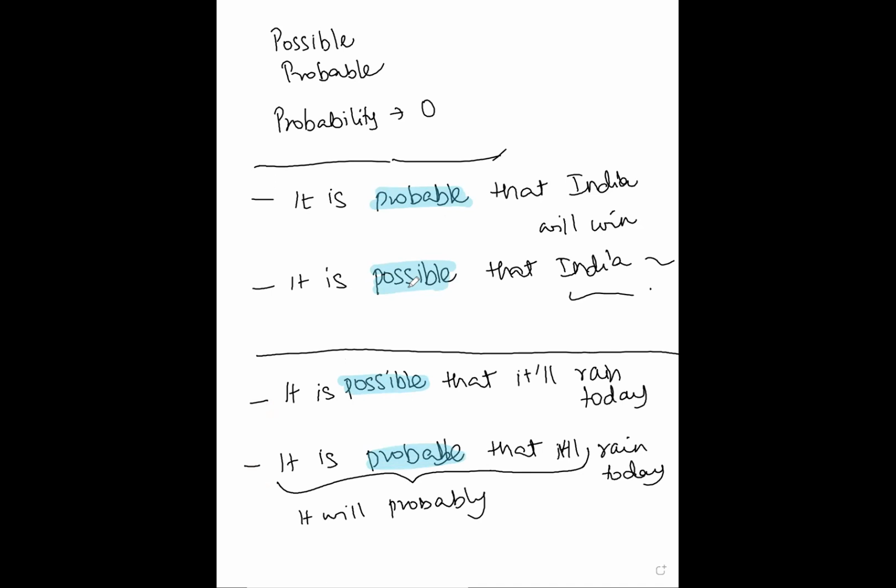And probably means you're not very sure. Okay, so basically you're saying that in the first statement we are more sure, and in the second statement we are less sure. Is that what you're saying? Yeah.